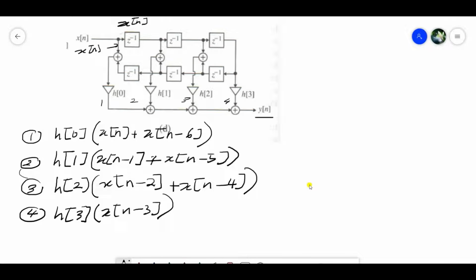From here, you can write yn equals H3 x n minus 3.